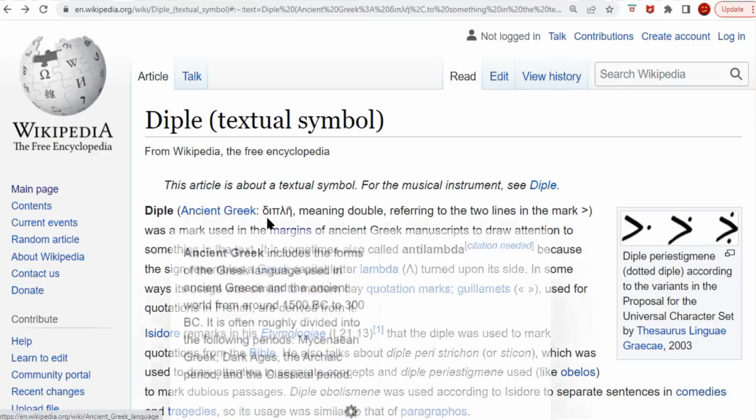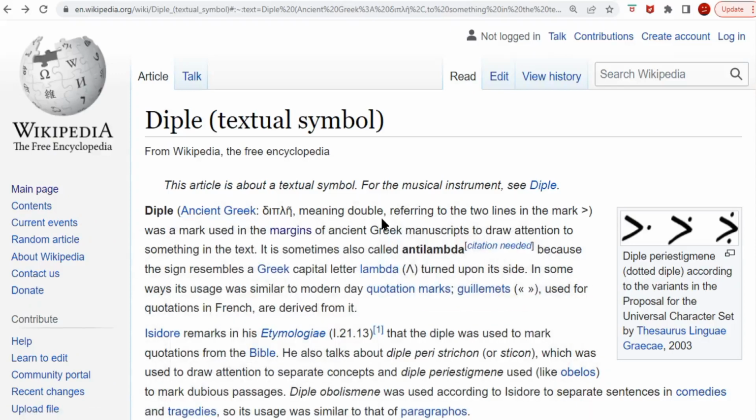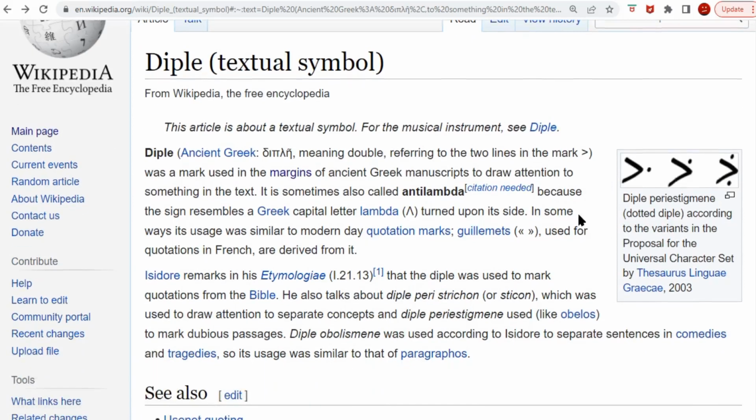So dipple of pedos. Dipple, D-I-P-L-E, ancient Greek meaning double, referring to the two lines in this mark. You see this mark all over the Hebrew, and I wasn't sure what it meant. And now I've got a better idea, because of the change of time.